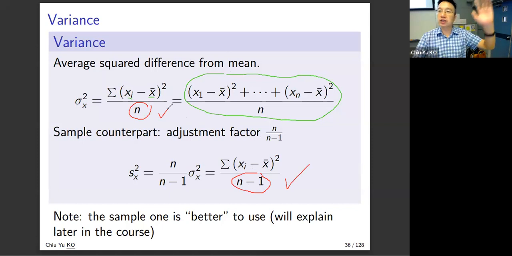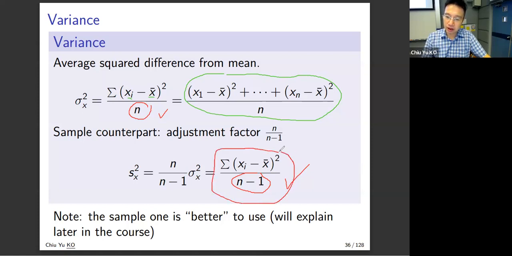It's because later, in the 5th topic, we'll learn that the sample one, with n minus 1, is a better measure of what we want to measure.